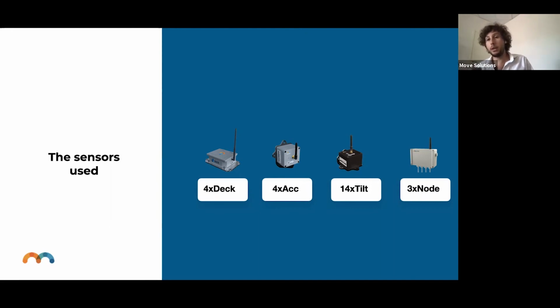Then we placed 3 analog nodes because it's a pre-stressed bridge, so they have cables along the bridge, and they put a load cell on every cable to measure the tension of this cable. Okay, they wanted to be sure that it doesn't lose tension, right?